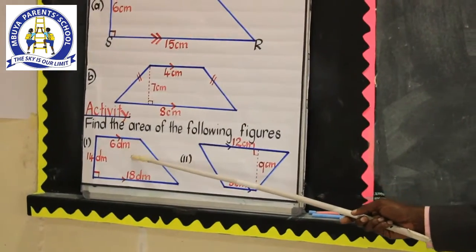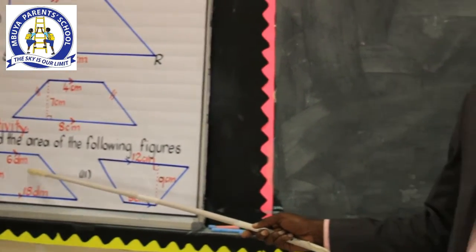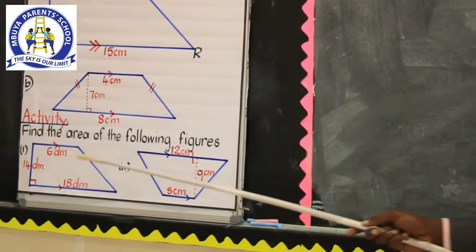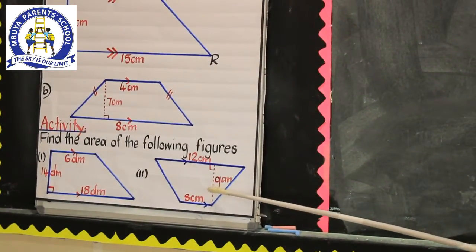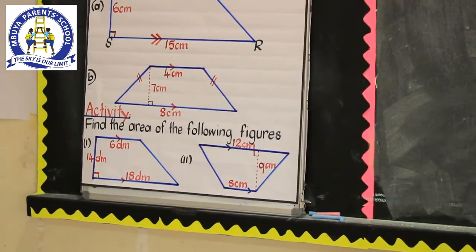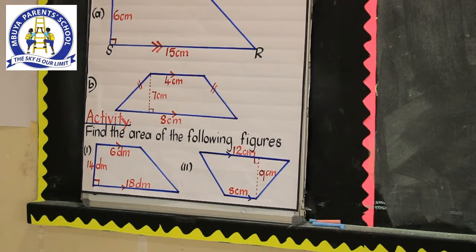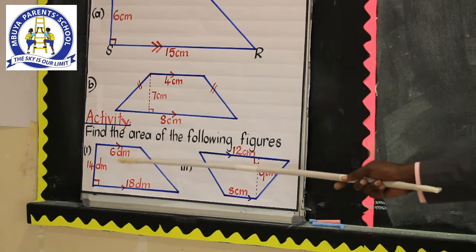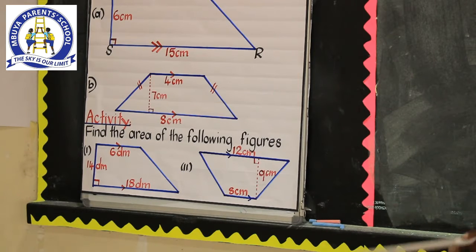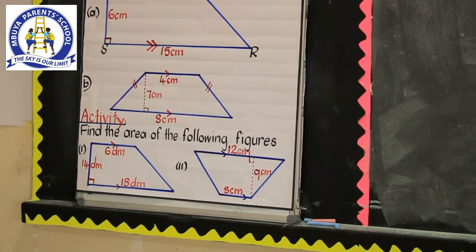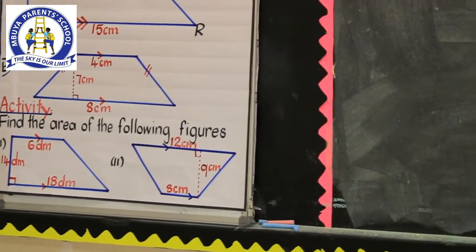We have figure 1 as a right-angled trapezium, and figure 2, an isosceles trapezium. Since this one is more familiar, let me go through number 2, which is the isosceles trapezium.